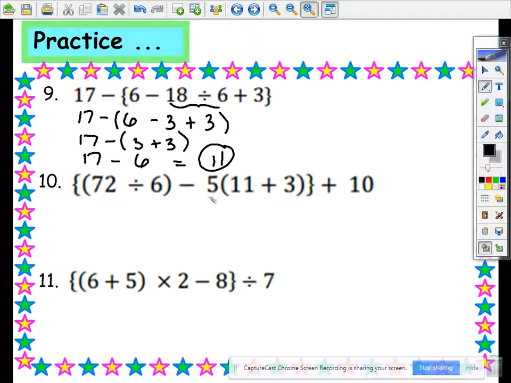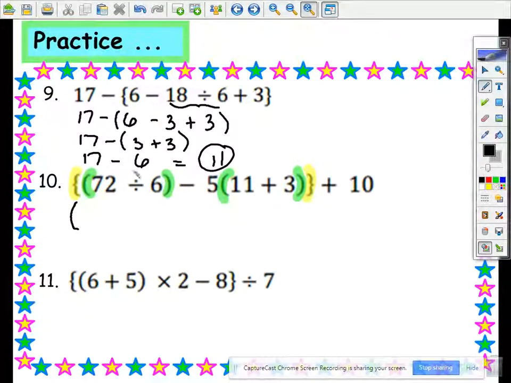All right, number 10. We have these outer grouping symbols, and then we have 2 inner ones. We're going to do the inner ones first, and as always, we're going to go left to right. So my first one's out here, 72 divided by 6.